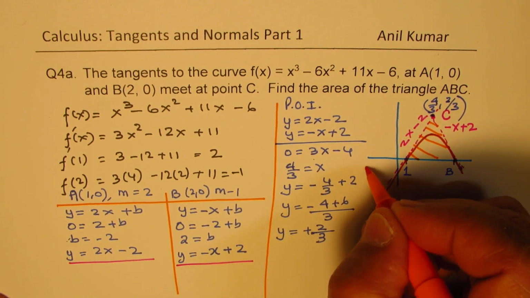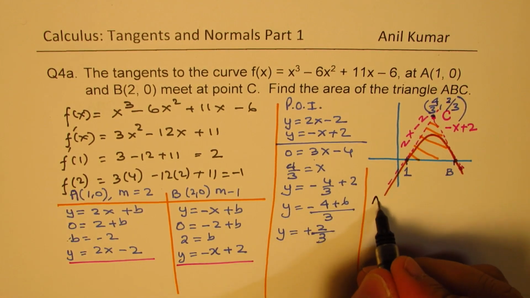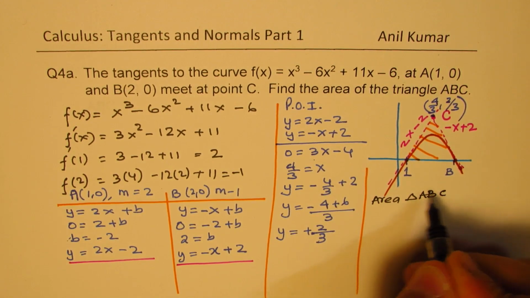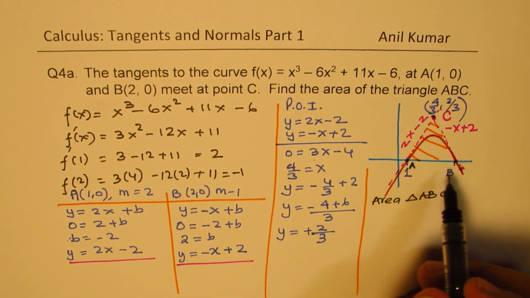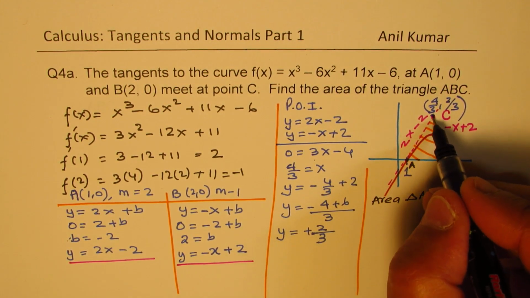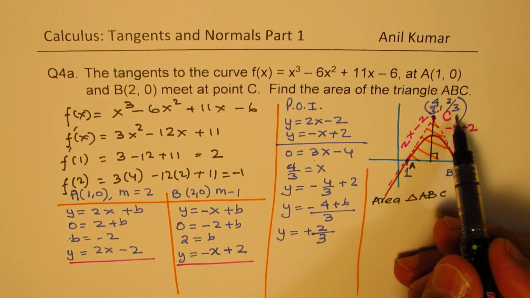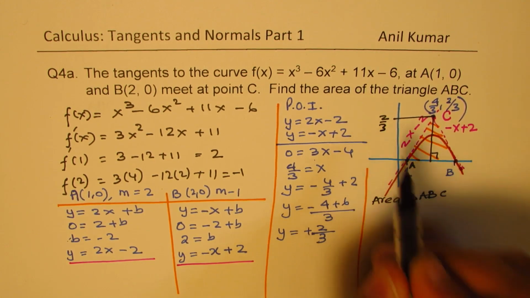Now we need to find the area of the triangle ABC. This is A, right? So we know the area of the triangle is half base into height. In this case, we can clearly see that the height is the y value, right? So that is the height, 2 over 3, correct?